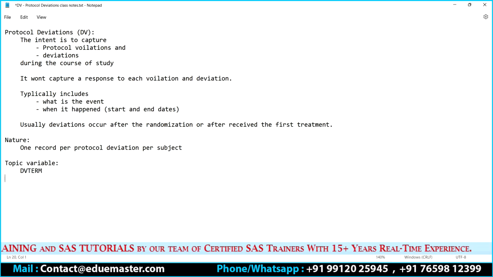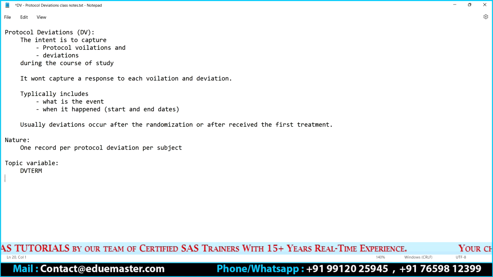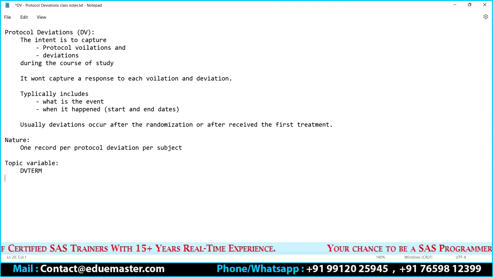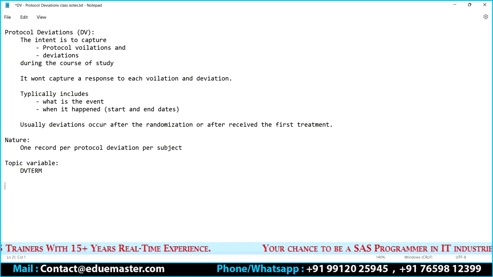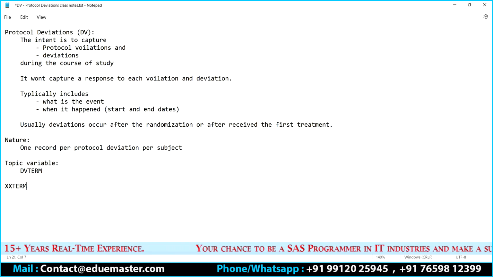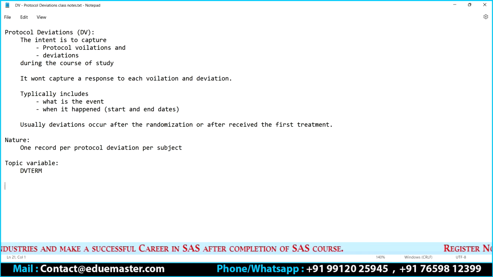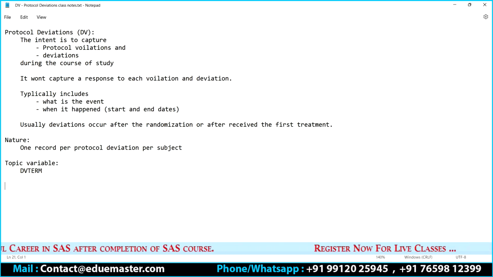We discussed this in one of our earlier domain discussions: for all the events, it is XX term, where XX is replaced with each domain name. For all the events it is easy to remember: always a term, XX term, where XX is the domain name.